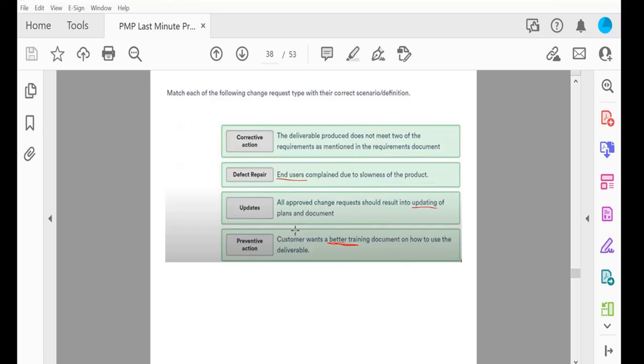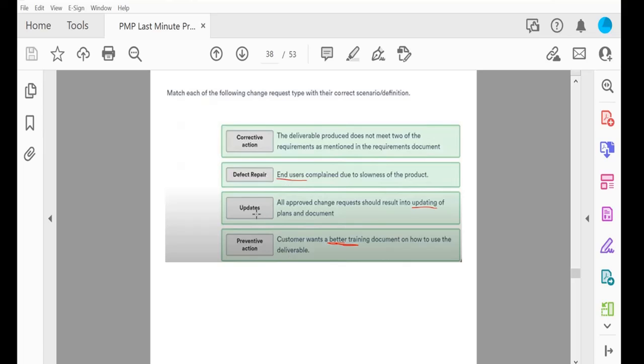Yes. So corrective action deals with a deliverable produced that does not meet the requirements as mentioned in the requirements document. And defect repair always deals with the end user. You know that defect repair means if something happened in the deliverables, then we have to go for defect repair.